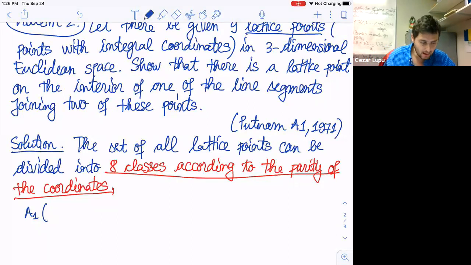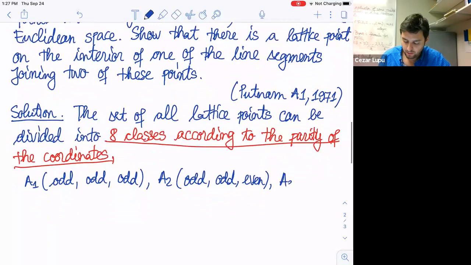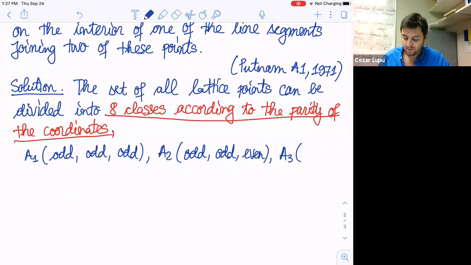So you'll have odd, odd, odd. Let's say the second point can be odd, odd, even. Let's say another one, the third one. So you have only 8 categories if you look at it. Let's say odd, even, even.